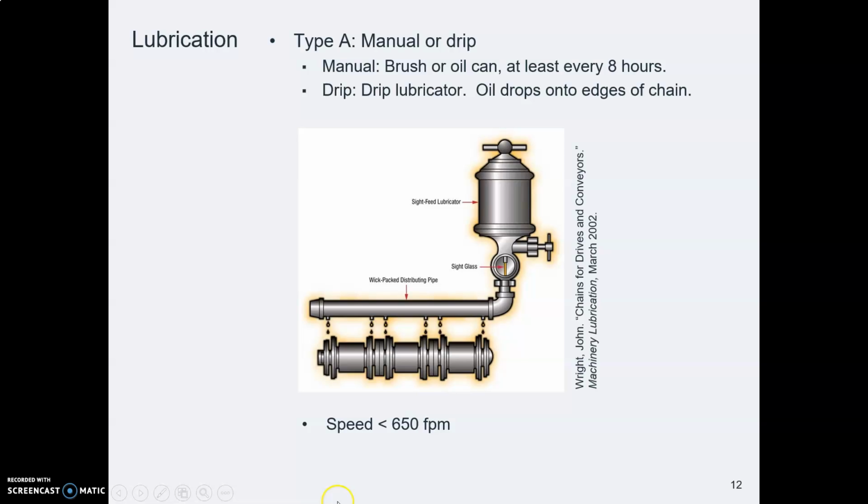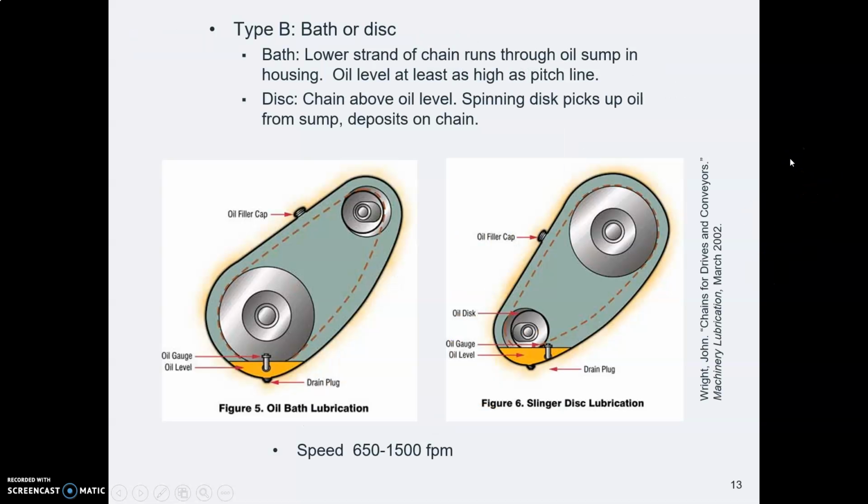Think oil can. Think somebody with one of those oil cans we used to have in our barns. They were made of brass, and you push them, and they make this nice whoop noise. It's like that. That's the manual method. Or you could have a device that drips onto the chain.